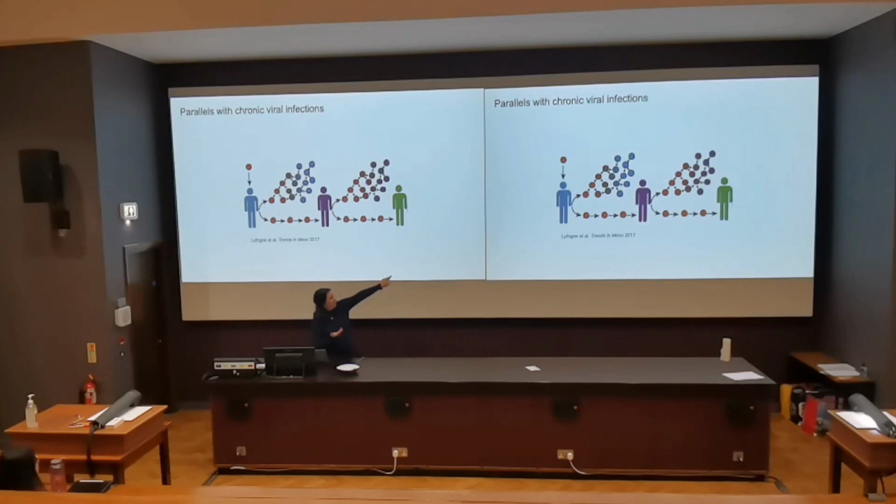And it's been hypothesized it's the same thing, that by rapidly adapting to one person, you then can't spread on to other people as well.